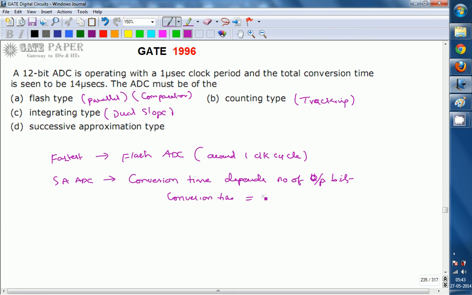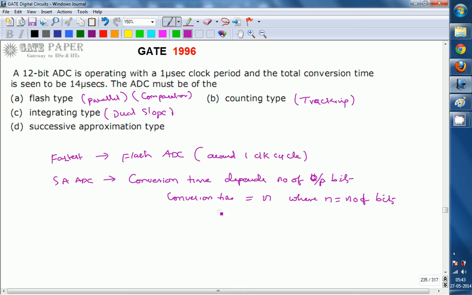Ideally, the conversion time required is n, where n is the number of bits. So if it is 10 bit, it takes 10 clock periods; if n is 12, it takes 12 clock periods.